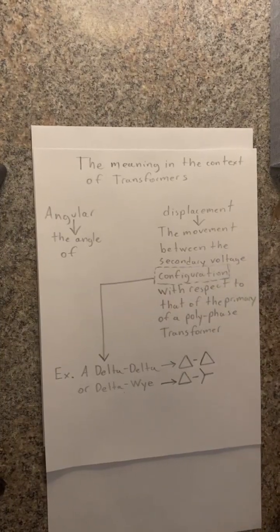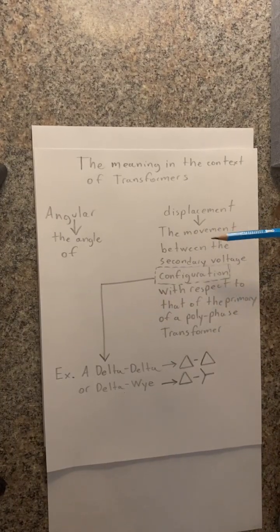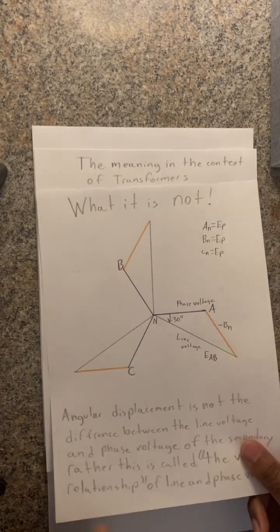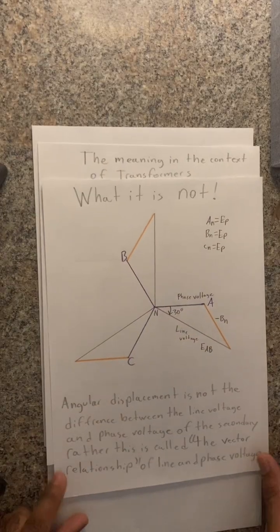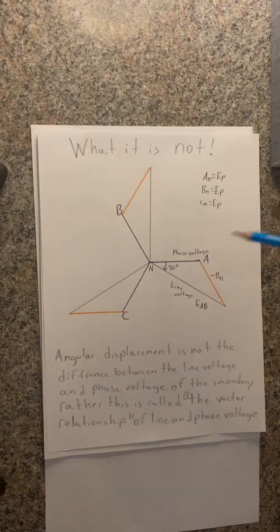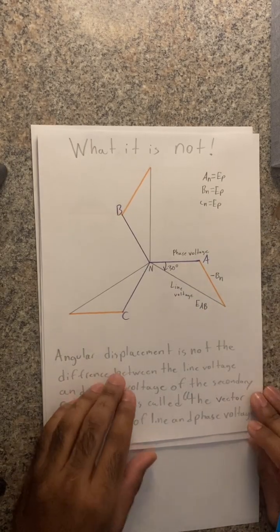I will now proceed to explain what angular displacement means. Previously, we explained what angular displacement is not. We said that it is not the difference between phase and line voltage.